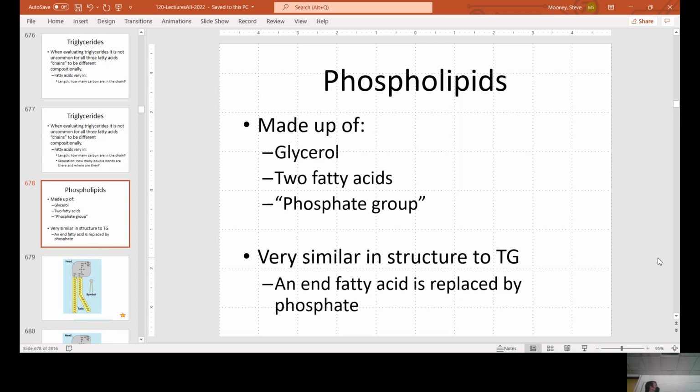So the difference between a triglyceride used for storage of fat and a phospholipid, which is used for structure, is what's hanging off that last carbon in the glycerol molecule.